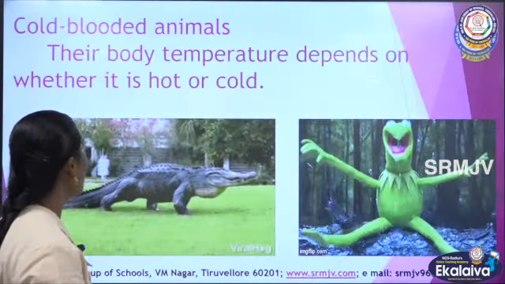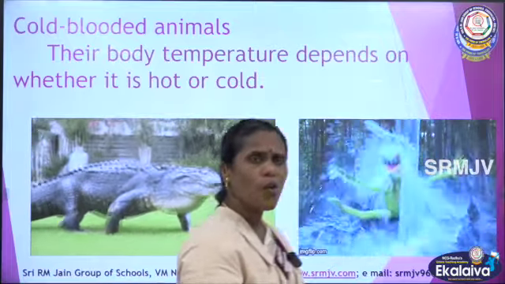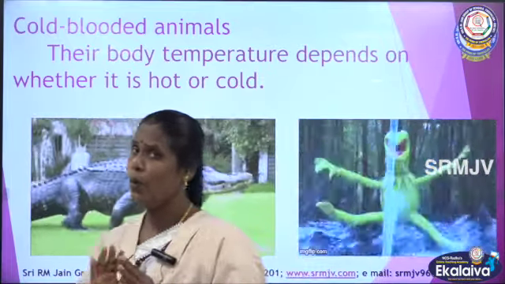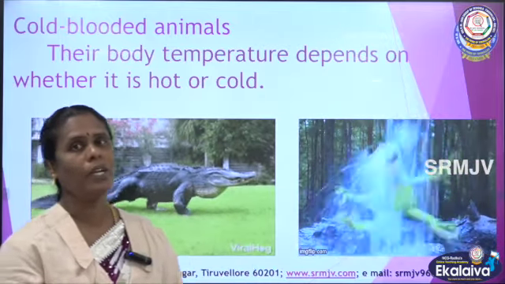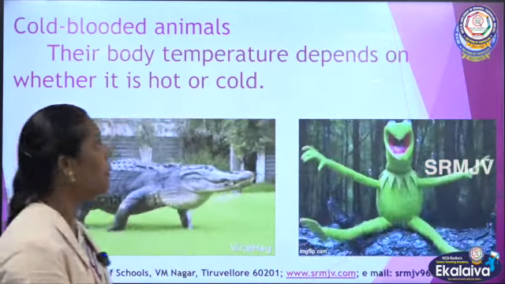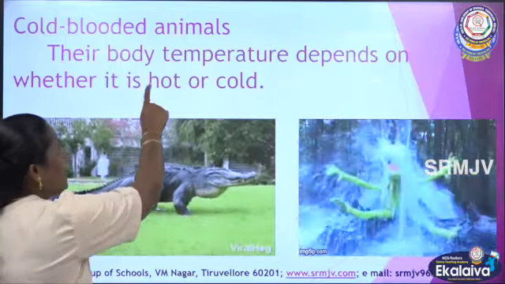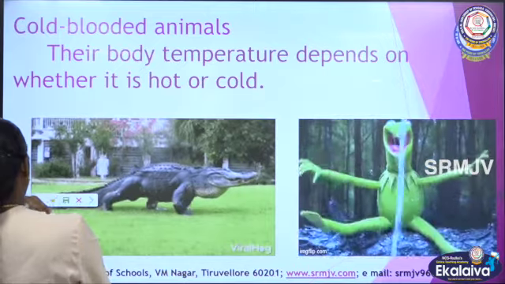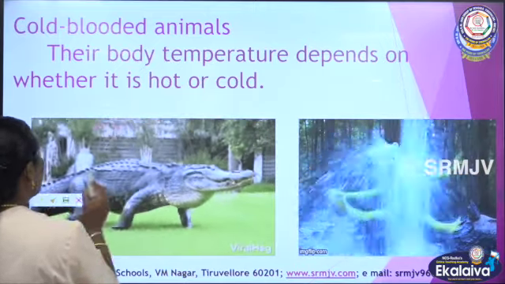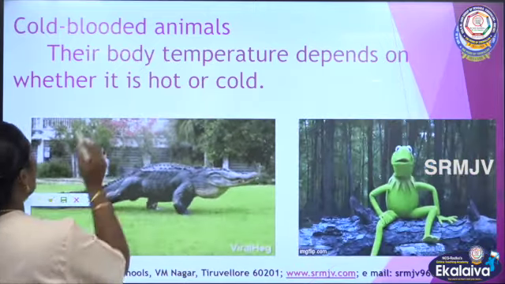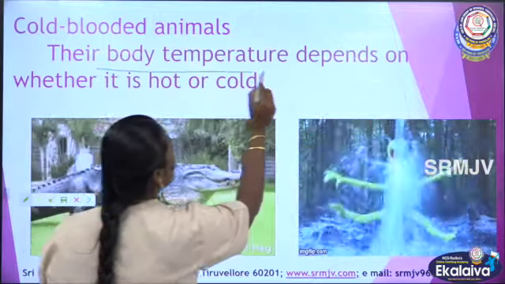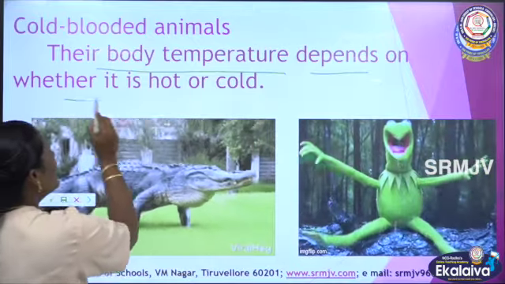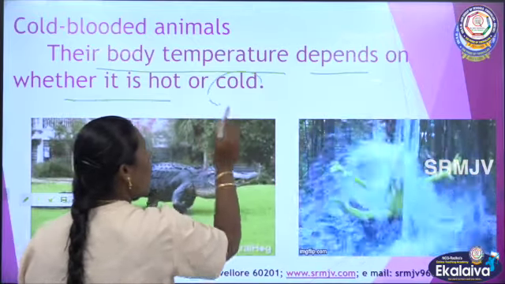Then see, on the basis of temperature, we can classify animals into cold-blooded animals and warm-blooded animals. Here, their body temperature depends on whether it is hot or cold.